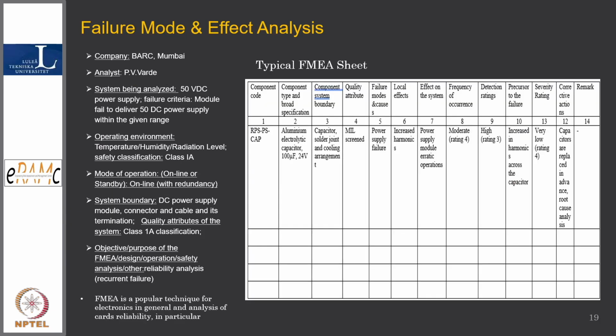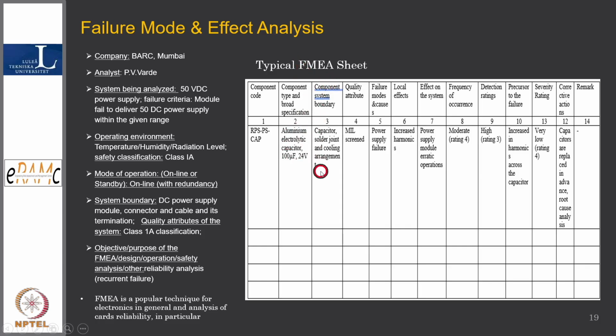Okay. So before we go to the next step, we have an example of failure mode effect analysis. Let us see, I will explain to you. There is a component code, reactor protection system, power supply, CAP. There is one aluminum electrolytic capacitor C, it is 100 microfarad. Now I am doing FMEA.